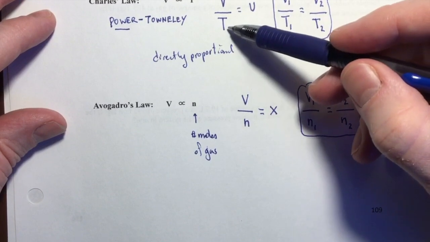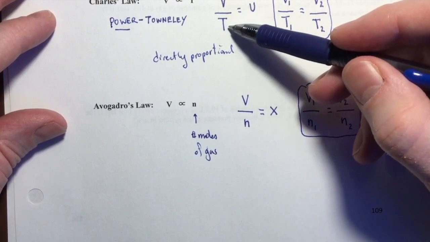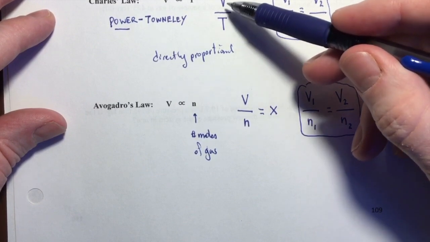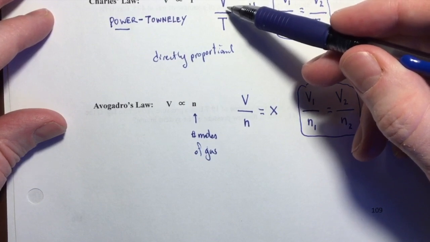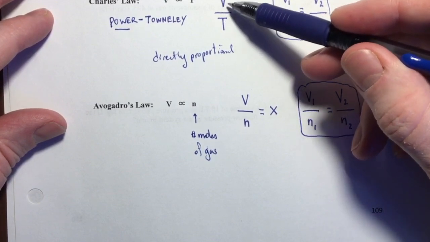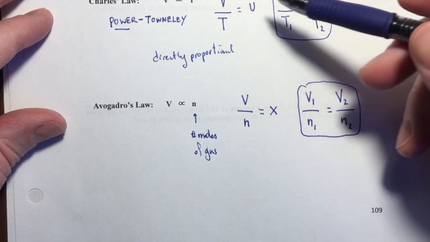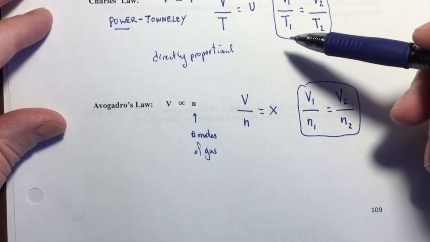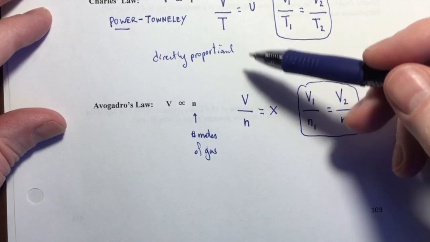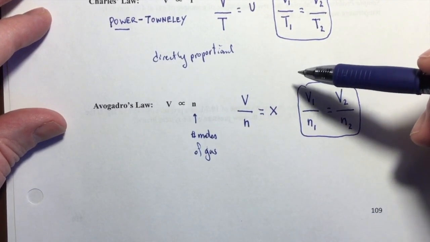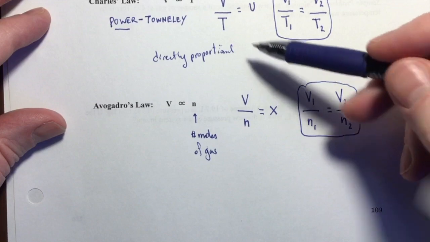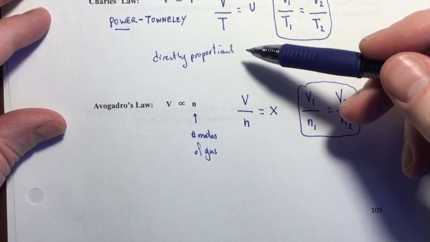That as we increase the temperature of the gas, the air inside the hot air balloon, then the volume of the gas inside the hot air balloon also increases. And because the volume of the gas increases, it is less dense than the air outside the balloon, and so the air inside the balloon will float on the air outside the balloon. And that's the principle of why a hot air balloon will work.